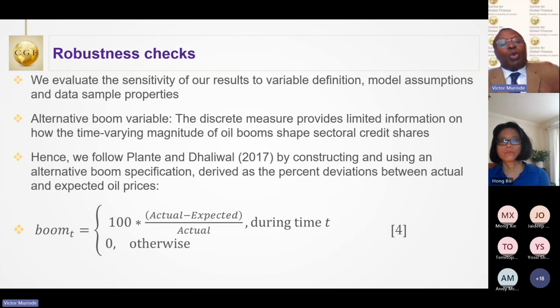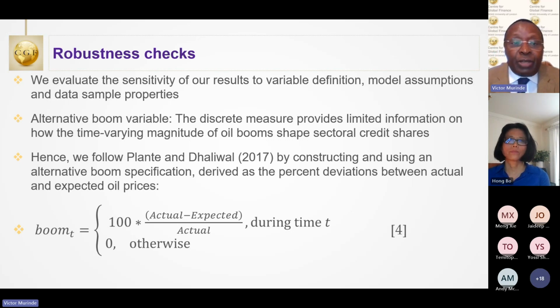So we reconfigure our boom measure, basing it on this new variable, and then retest our model.